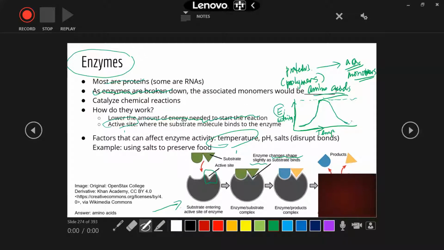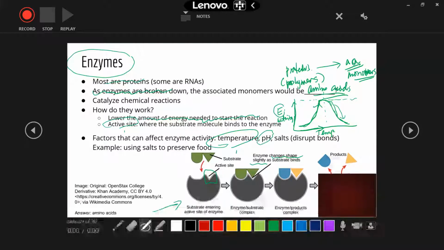So it has this kind of bell curve normally. So again, if the temperature within the optimal range goes up, enzyme activity goes up. But once you reach the optimal temperature, as the temperature increases, the enzyme activity is going to go down, right? Because, think about this, it just gets too hot for the enzyme.